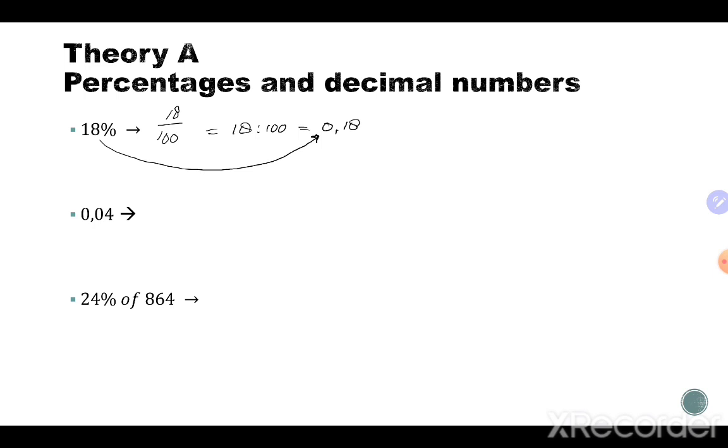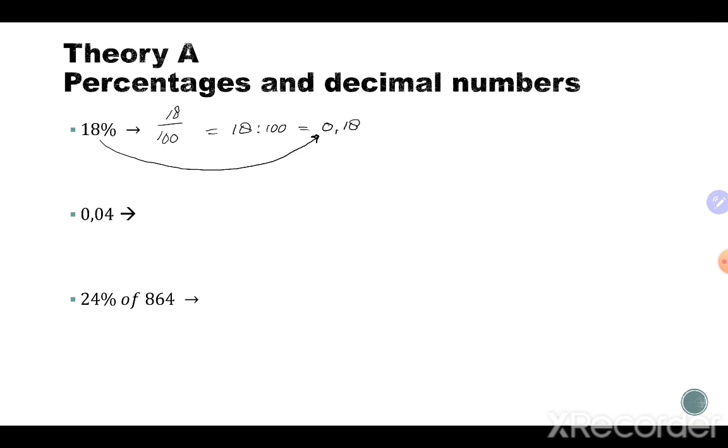So 18% is exactly the same as 0,18. To go from percentage to decimal number, you just move your comma 2 places to the left. But if we look at bullet point number 2, 0,04, to make a percentage from my decimal number, we can do the opposite.